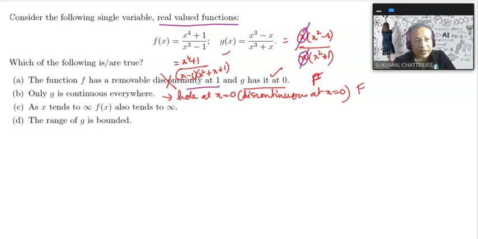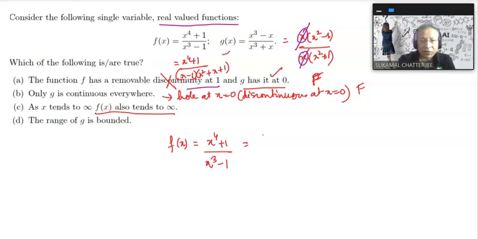Now we look at number 3 or option C. As x tends to infinity, f(x) also tends to infinity. Now what is f(x)? F(x) can be written as (x to the power 4 plus 1) by (x cube minus 1). Now if I divide both numerator and denominator by x to the power 4, I get (1 plus 1 by x to the power 4) divided by (1 by x minus 1 by x to the power 4).